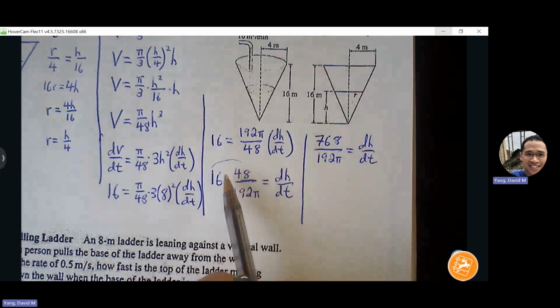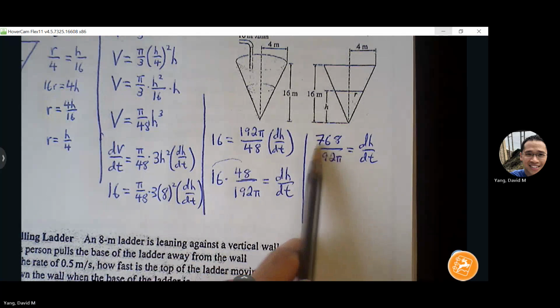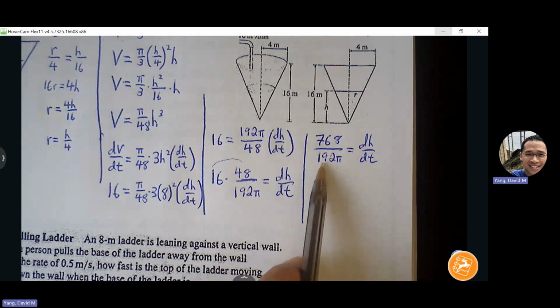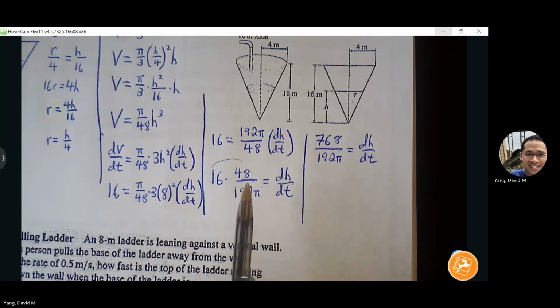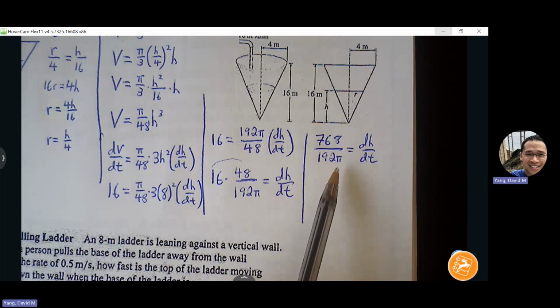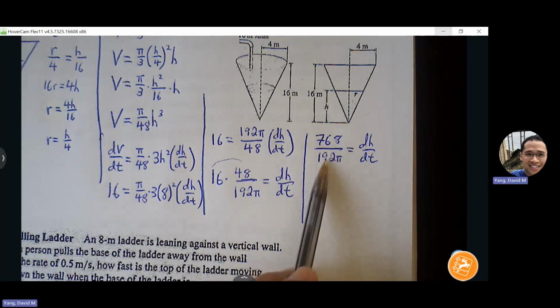Yeah, I'm just multiplying. 16 and 48 is 768 divided by 192. Did they keep it on the bottom? Yeah, it does stay on the bottom. It feels like that pi can just come up, right? Make it 4 pi. But technically, 192 goes into 768 4 times.